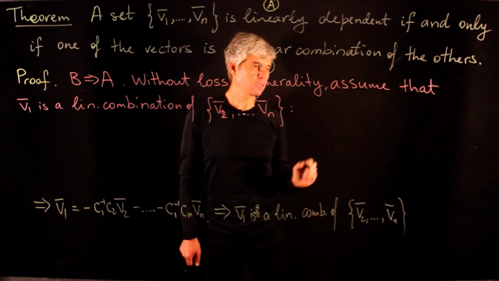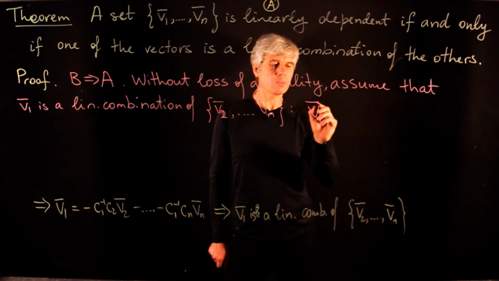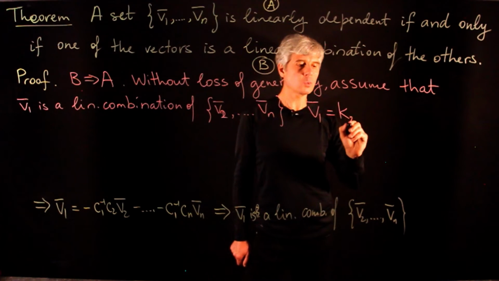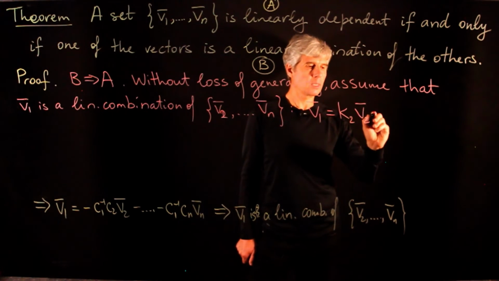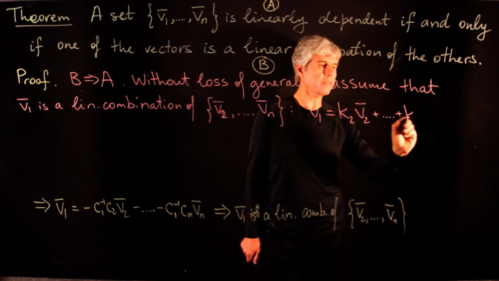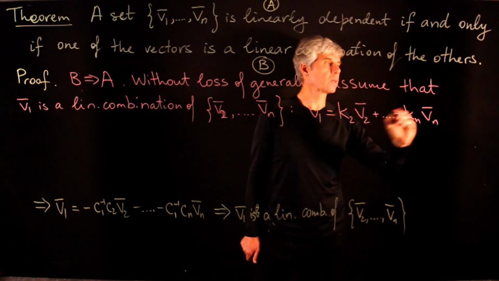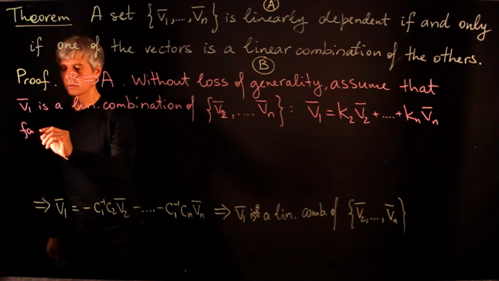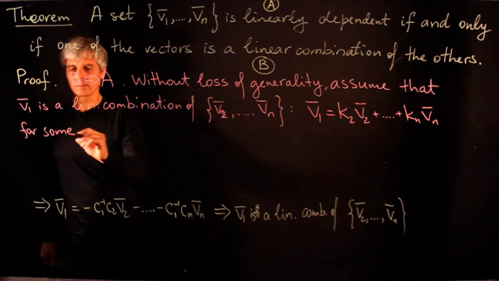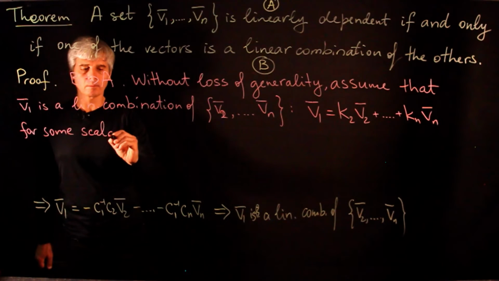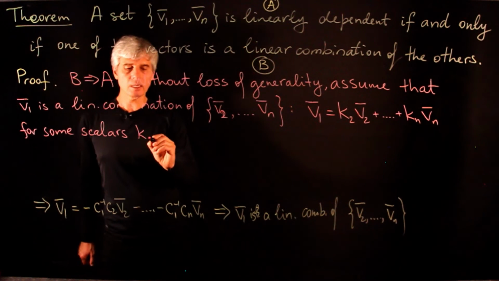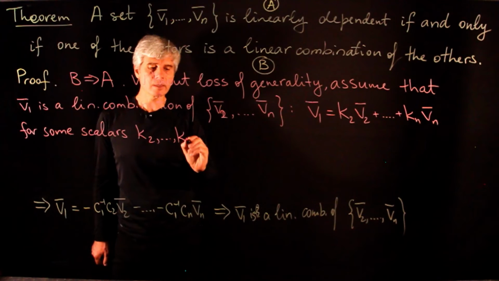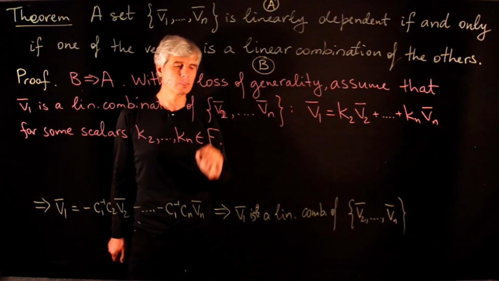So this means that V1 can be written as K2 V2 plus Kn Vn, for some scalars K2 to Kn in our field.